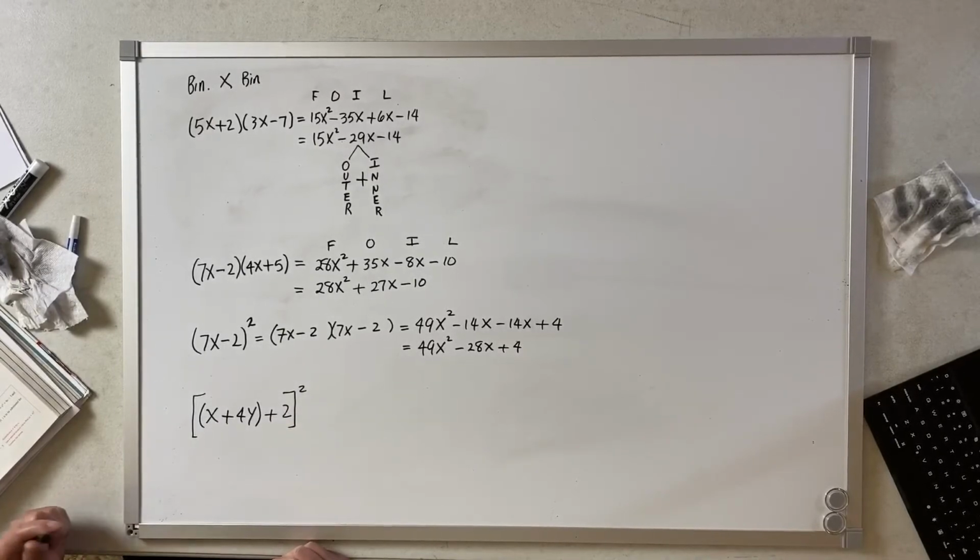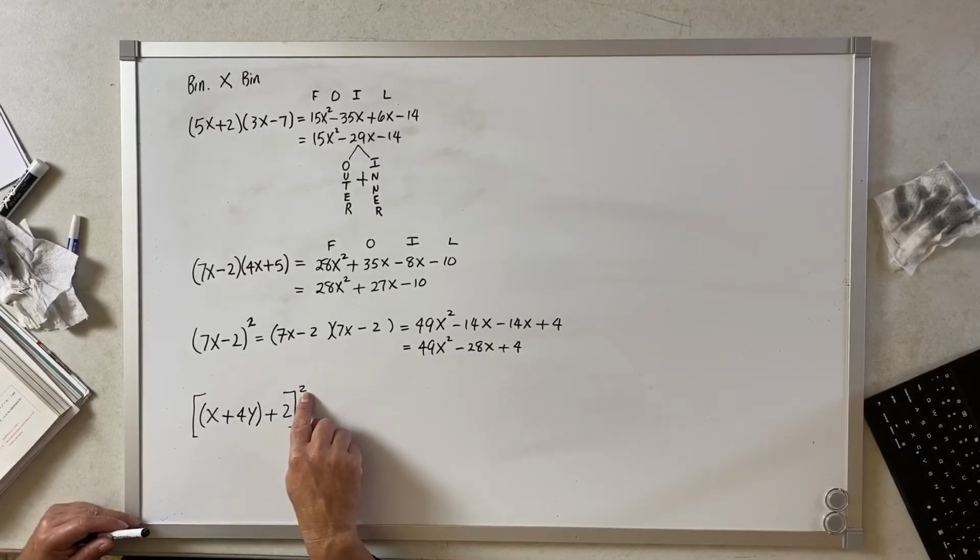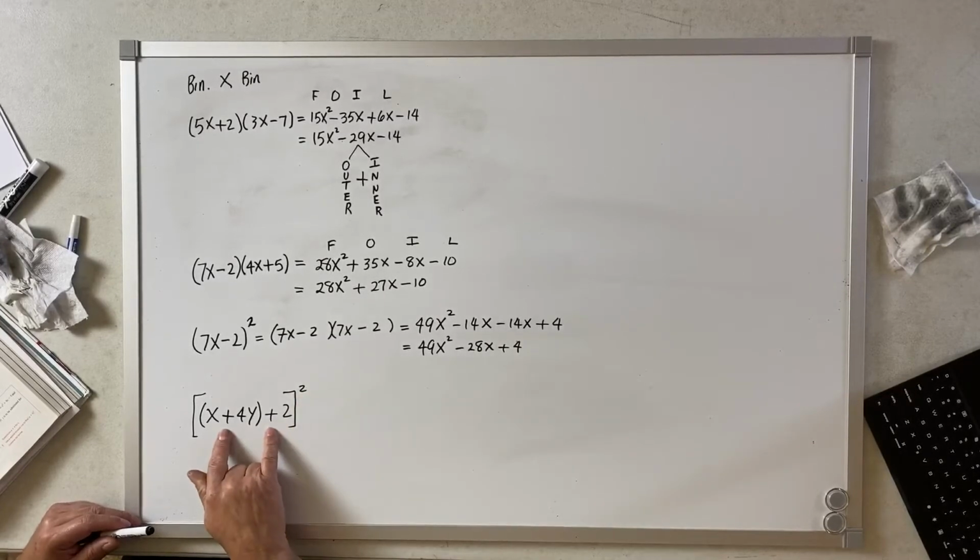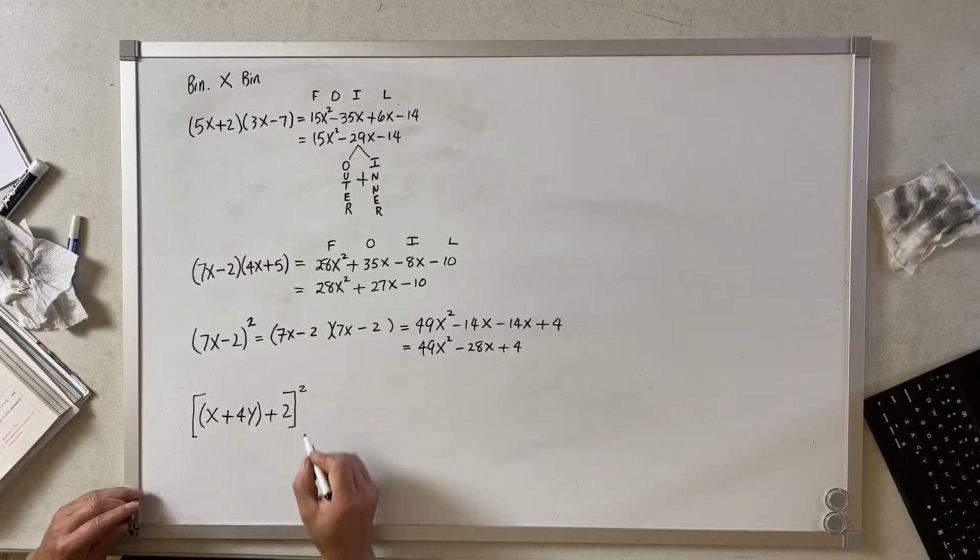Okay? No problem. Here's what I'm going to do. You see this power? This power tells me to take this base and multiply by itself twice. So no problem.